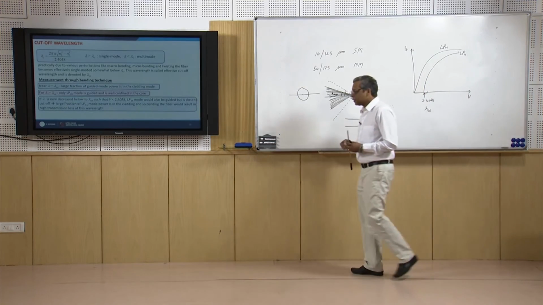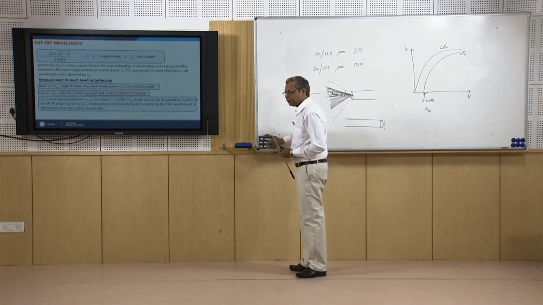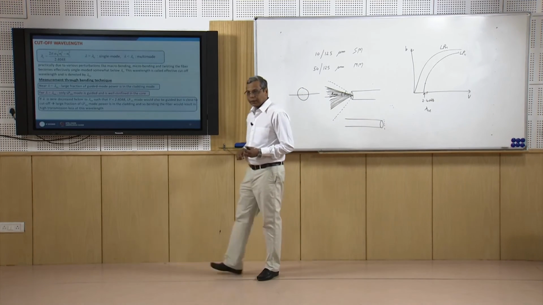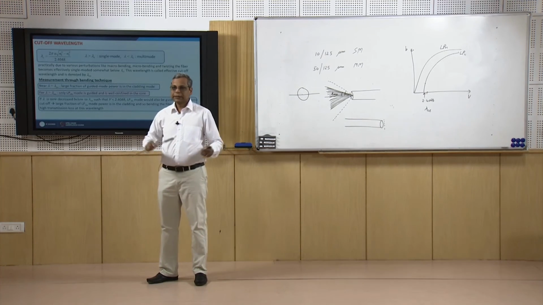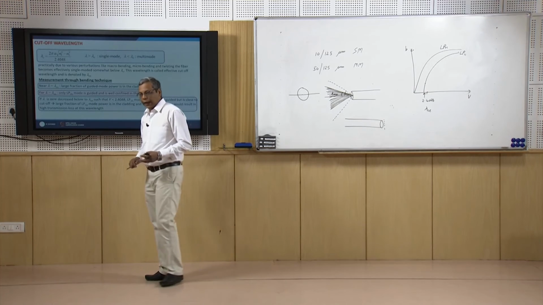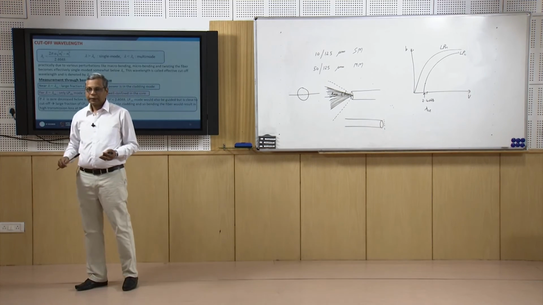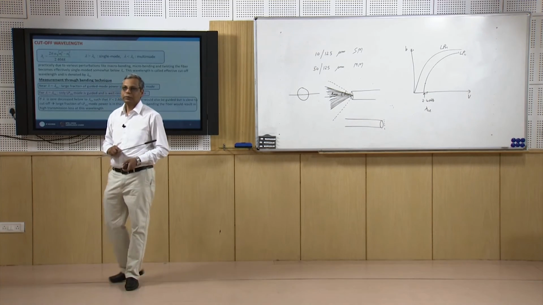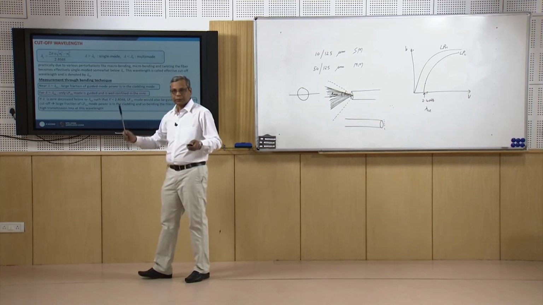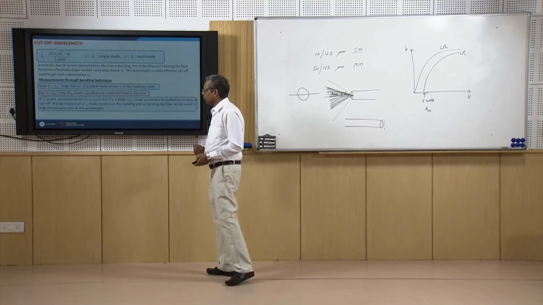So, the power goes into the LP11 mode, but a large fraction of the LP11 mode power is in the cladding, and this power which is in the cladding is very susceptible to bending. It strips off very quickly when you bend the fiber.